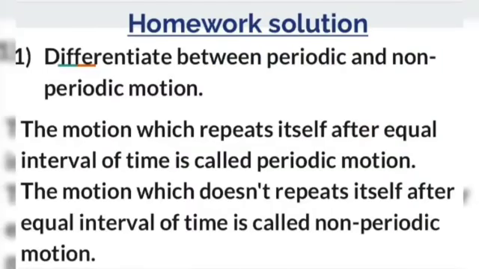Now we are discussing the homework solution of the previous lecture. Question number 1. Differentiate between periodic and non-periodic motion. Answer is, the motion which repeats itself after equal interval of time is called periodic motion, and the motion which does not repeat itself after every equal interval of time is called non-periodic motion.